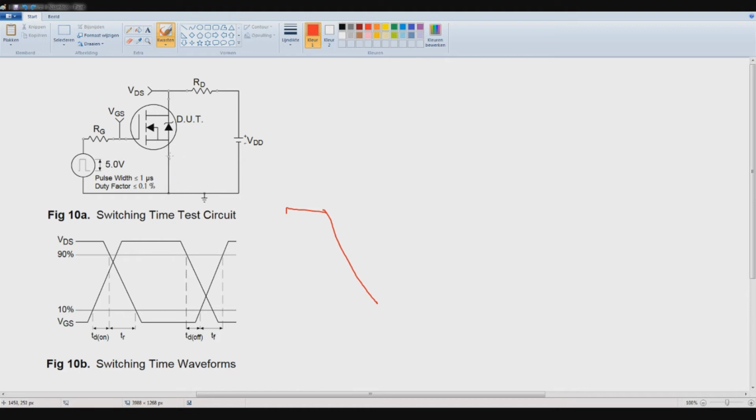Or let's say we have a VDD voltage over here, and here we have 0 volts. Then we have a drain to source. But if we somehow get this VDD, then we have a voltage difference of 0 volts.